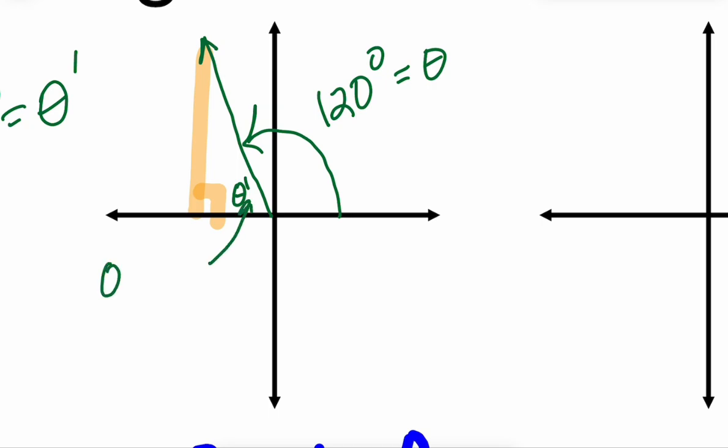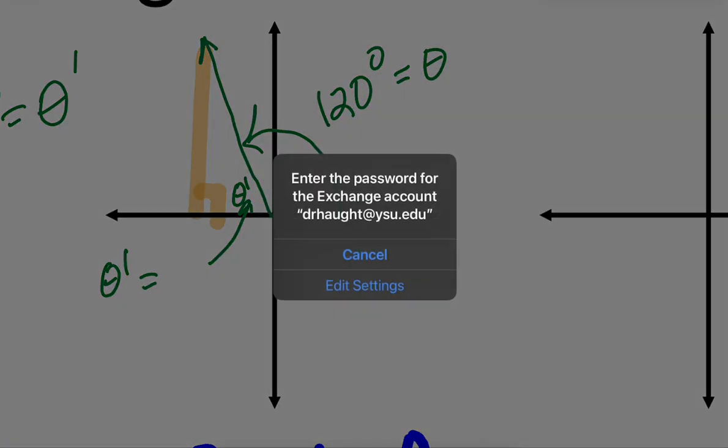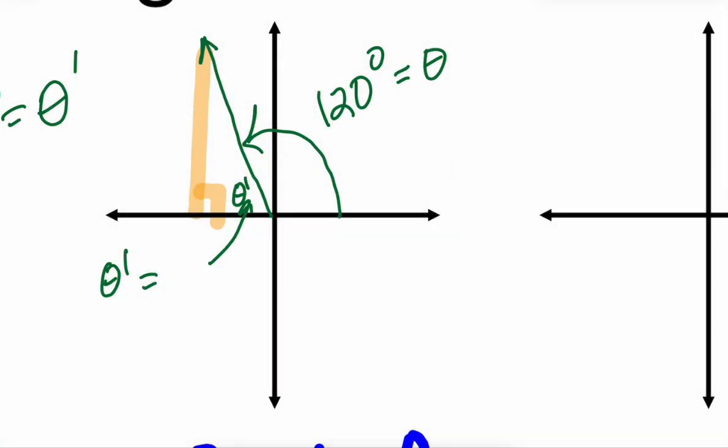And theta prime, if you land in the second quadrant, is just 180 minus 120. How much further do we have to go to get to 180? And so we have to go 60 degrees more. So the actual angle here in our triangle is 60 degrees.